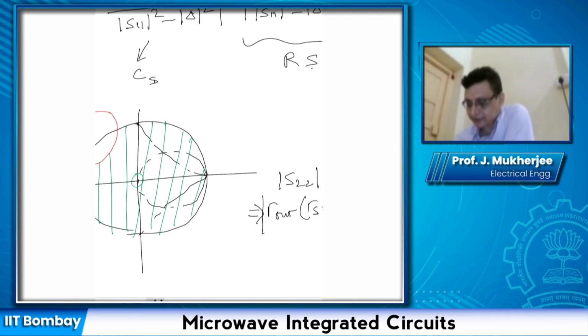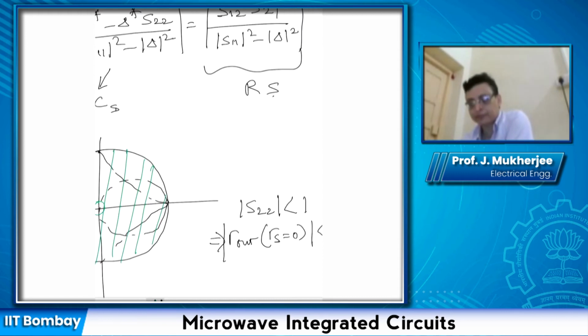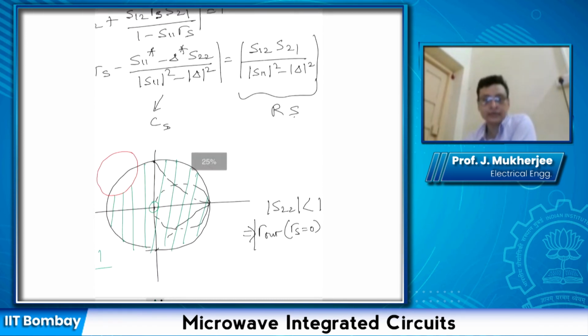So in that case, this shaded green region represents the stable values of gamma S. Okay, so both the circles are necessary to test. Each has a different purpose. The output stability circle tests the values of gamma L for which the two-port network is stable, whereas the input stability circle tests the values of gamma S for which the two-port network is stable.